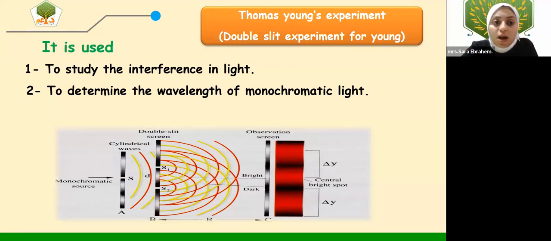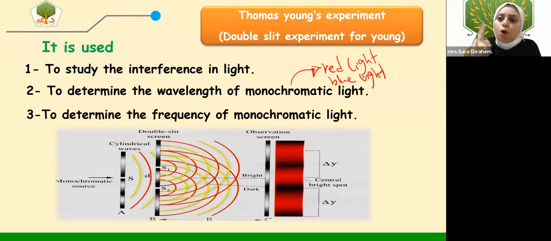It's used to study the interference of light and determine the wavelengths of monochromatic light, like only red light or blue light, and to determine the frequency of monochromatic light.